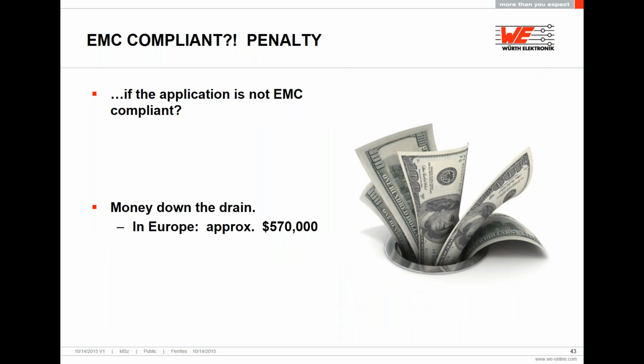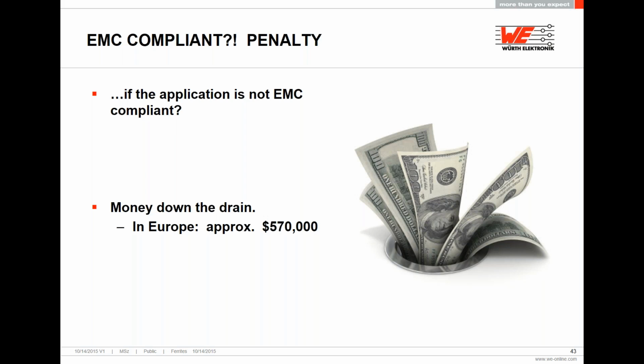So hopefully by this point of the presentation, you have gained an appreciation of designing your products with EMI in mind. If you do not, you can find yourself spending thousands of dollars per visit to the EMC lab trying to fix your problem. Or it can get even worse.